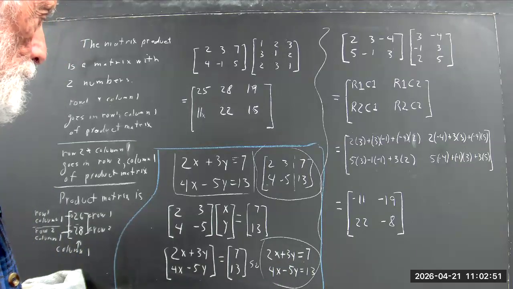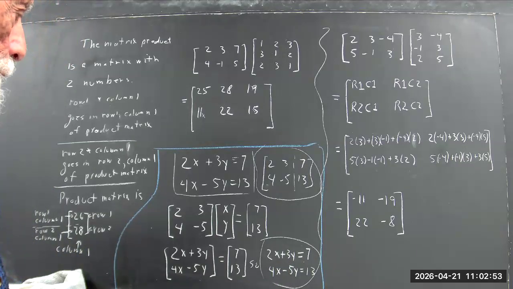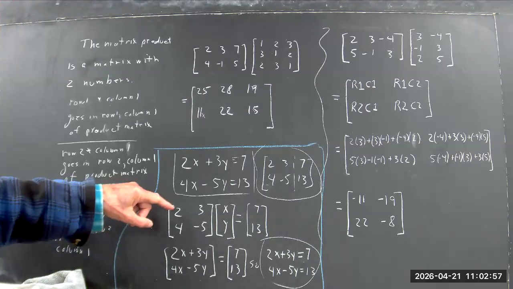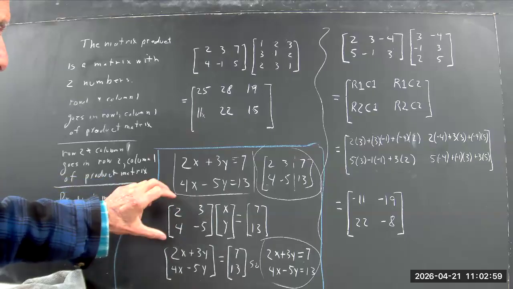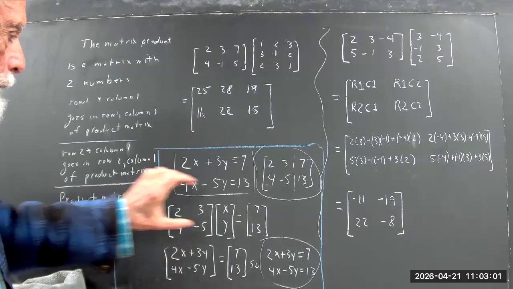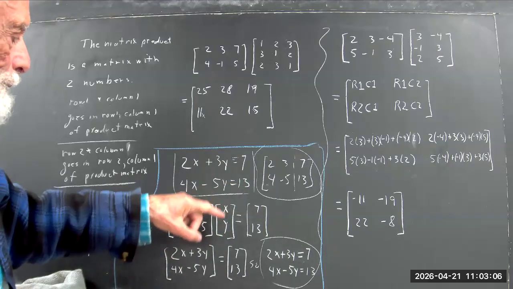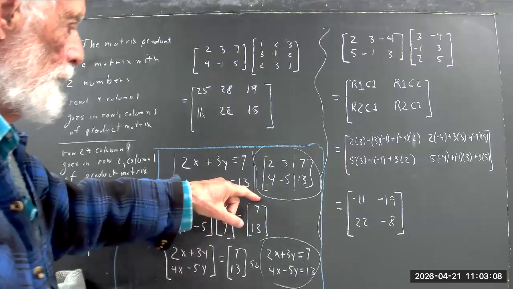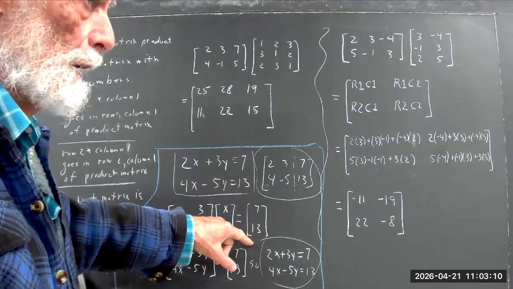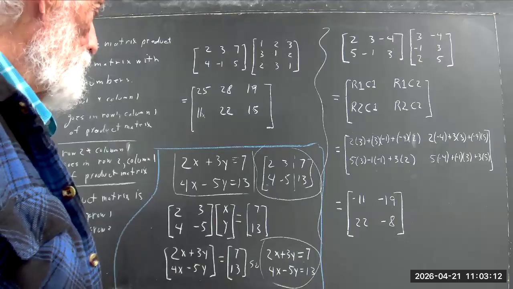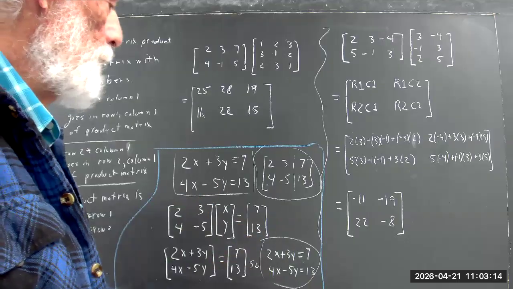The reason that's so powerful is there's this thing we can do called inverting a matrix. If we do the inverse of the 2, 3, 4, negative 5 matrix and multiply it by both sides, we just get the column vector x, y, and we get two numbers in a column on the right-hand side, and those are going to be the values of x and y.